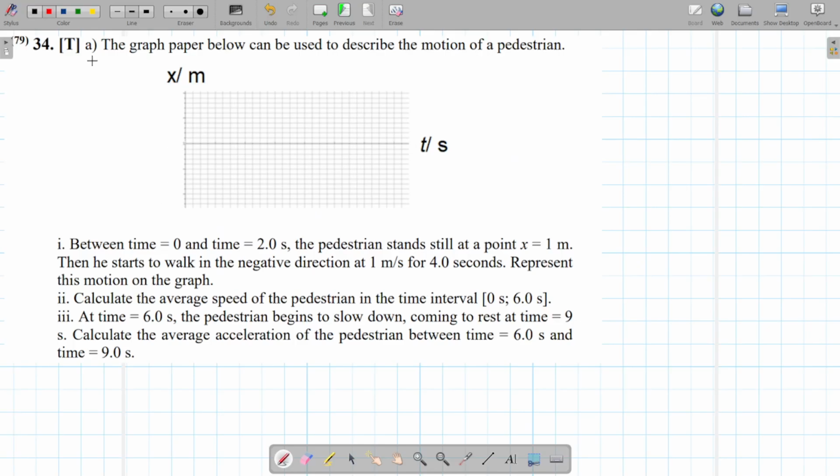Okay, this is 34. Between time 0 and time 2 seconds, the pedestrian stands still at 1 meter and he doesn't move for 2 seconds. Then he starts to walk at 1 meter per second for 4 seconds. So they said he's walking in the negative direction at 1 meter per second.